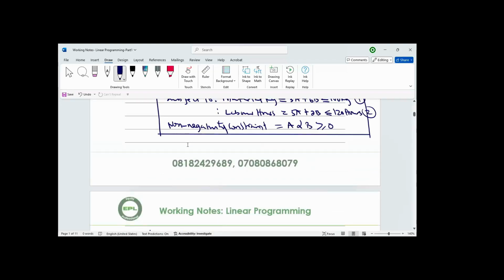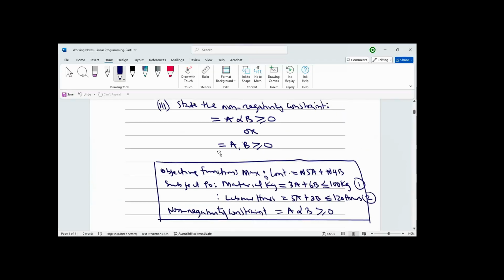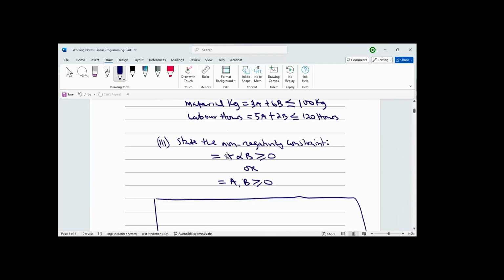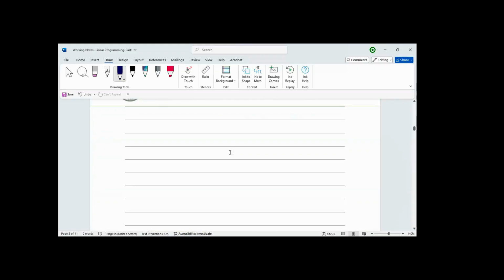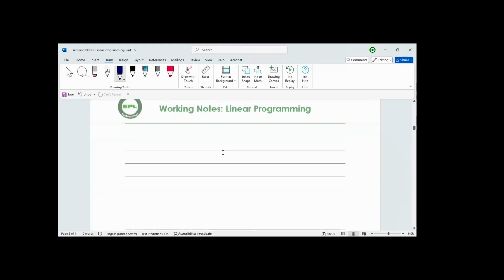Then finally, the last concept that we are going to touch is shadow price, the concept of shadow price.